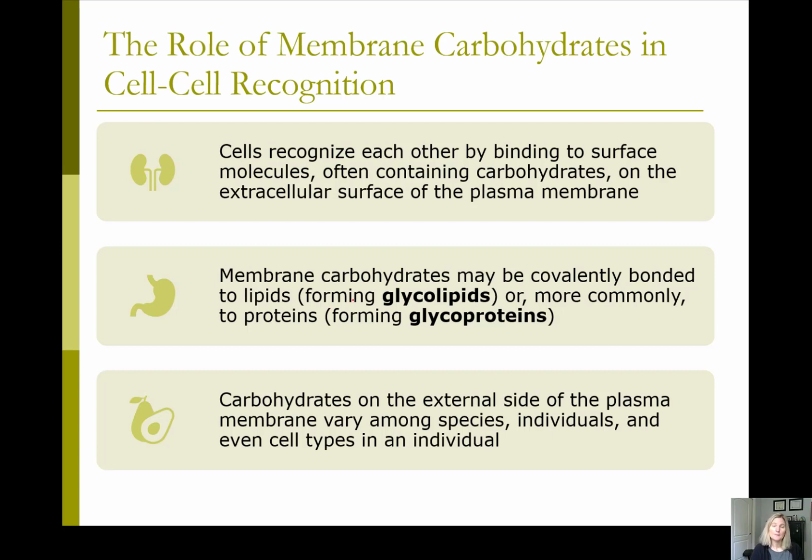They can also be combined with other things, like a glycolipid. So glyco, think carbohydrate, or sugar, and lipid, of course, fatty, something that contains lipids. So it's a carb plus lipid component. And then the glycoproteins, carb plus protein component.